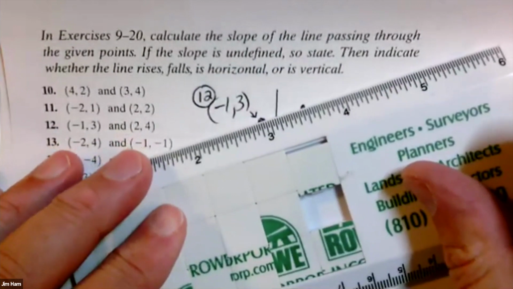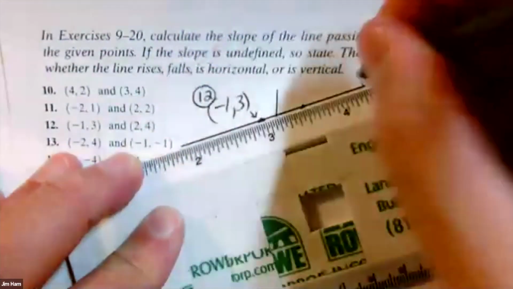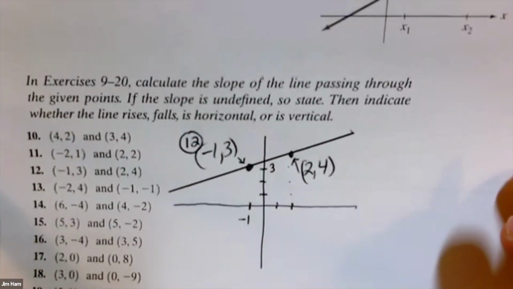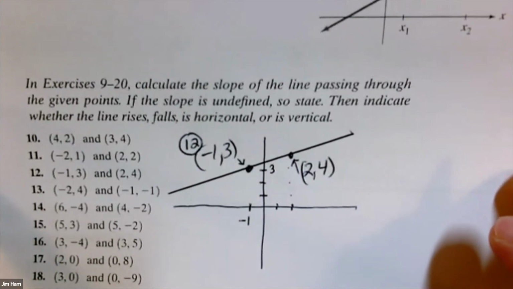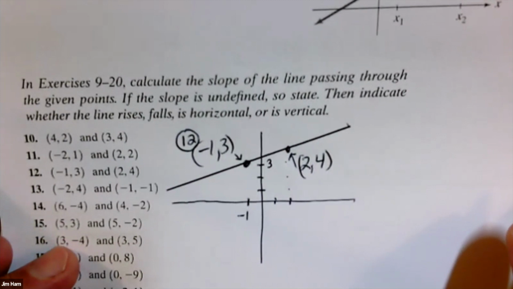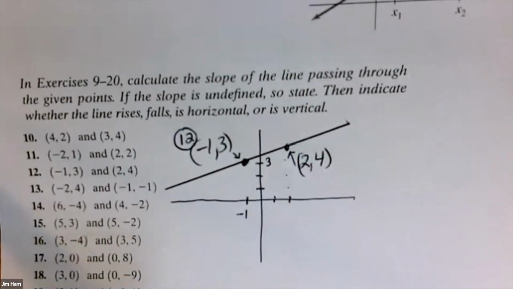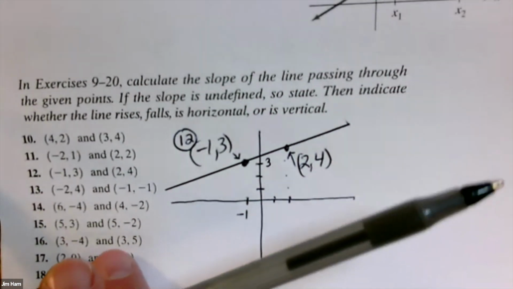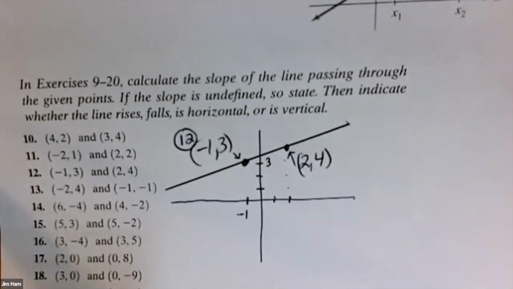So if you connect those 2 points together, you've got the equation of the line. Now, you know what the line looks like in the graph, but you don't have the equation of it. We're going to look at the equation of a line like this as well. One of the things you do notice is that this line is increasing as you read it from left to right. So it should have a positive slope.